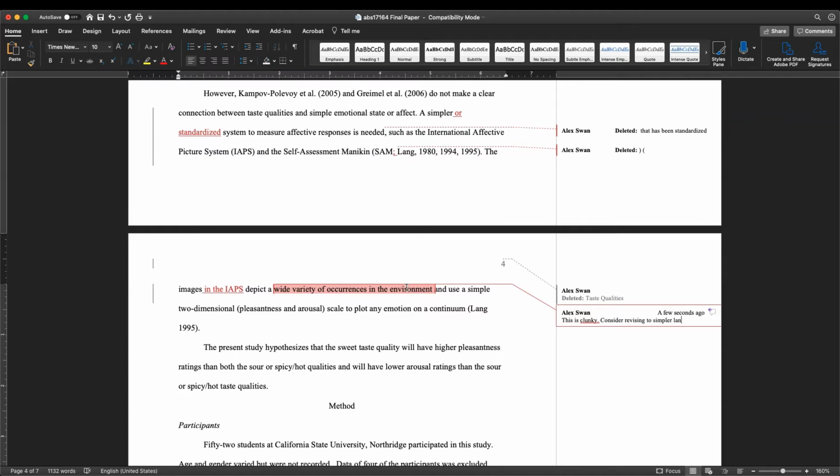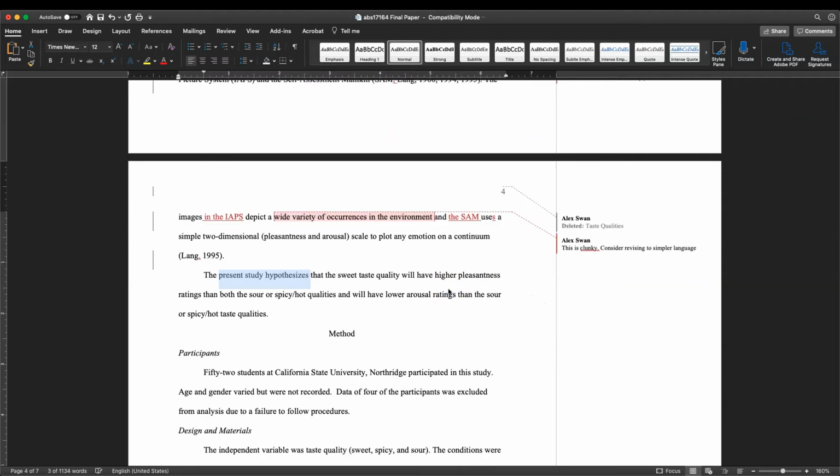In these last couple of paragraphs, I mention, make an edit where I move standardized system to earlier to make it clearer. Remember, you want your writing to be as clear as possible.